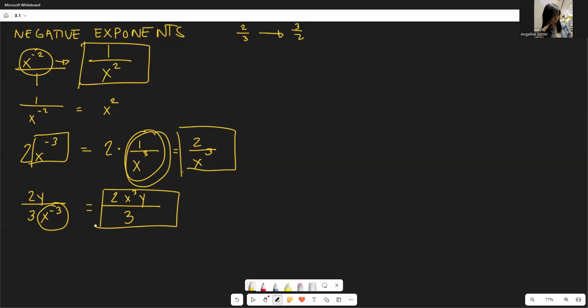In cases where they have both negative exponents and they're the only values, then you can just switch them. So x cubed, y squared. There you go.